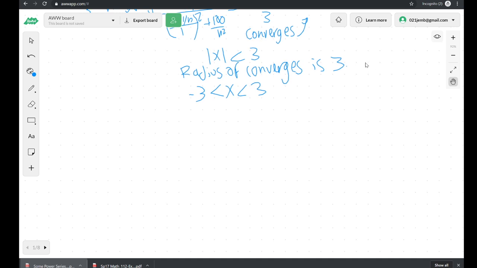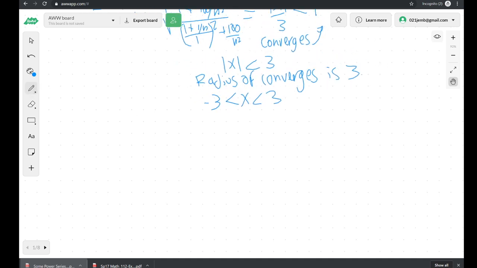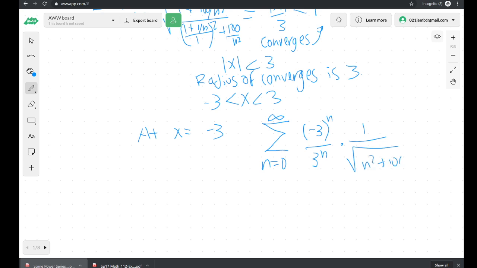So let's analyze the endpoint at x equals negative 3. At x equals negative 3, we have the sum from n equals 0 to infinity of x to the power of n. If we substitute x by negative 3, we have negative 3 to the power of n divided by 3 to the power of n times 1 over the square root of n squared plus 100.